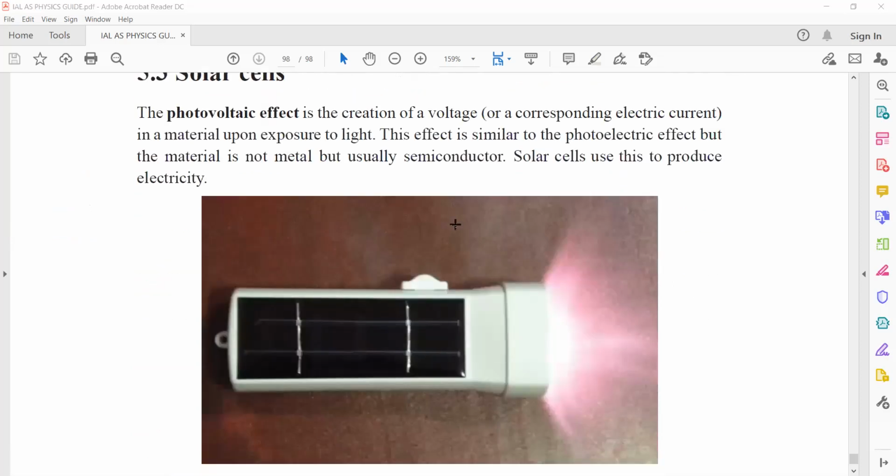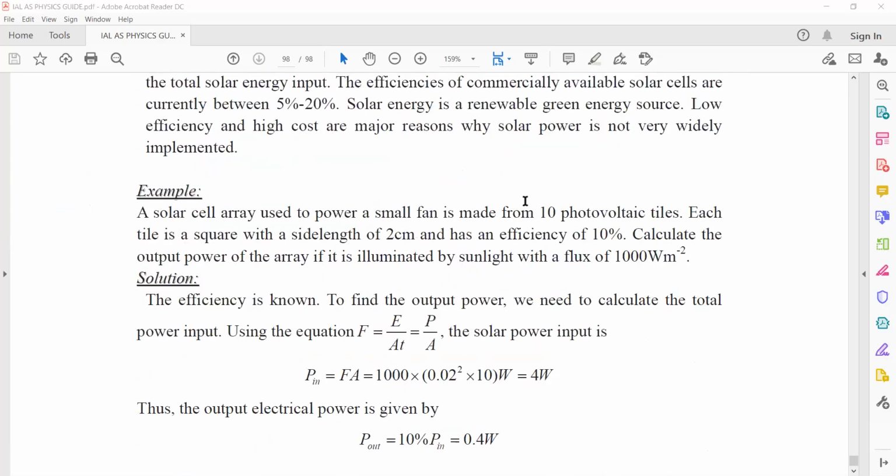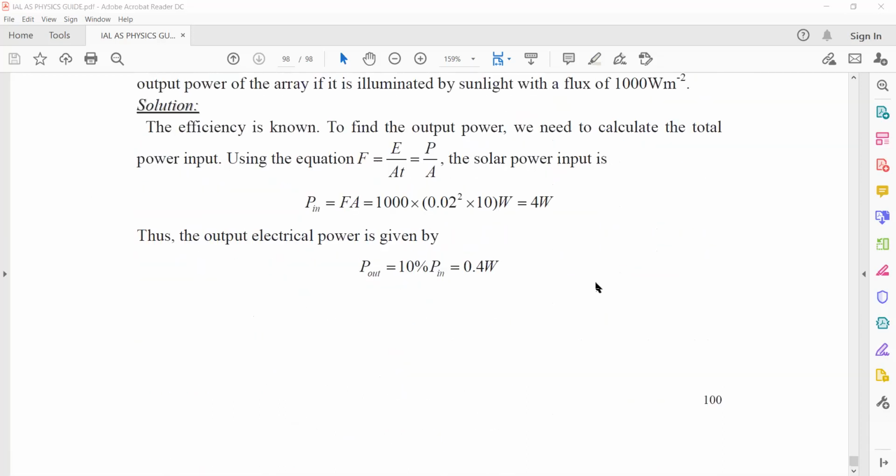Then how does a solar cell work? It uses the concept of the photovoltaic effect. What is the photovoltaic effect? When light falls, a solar cell has a tendency to absorb the light energy.